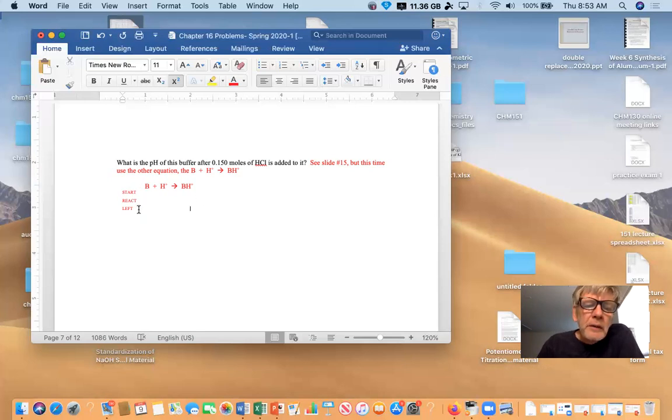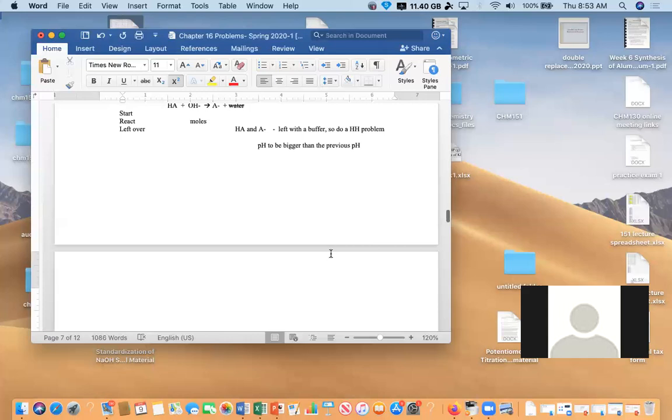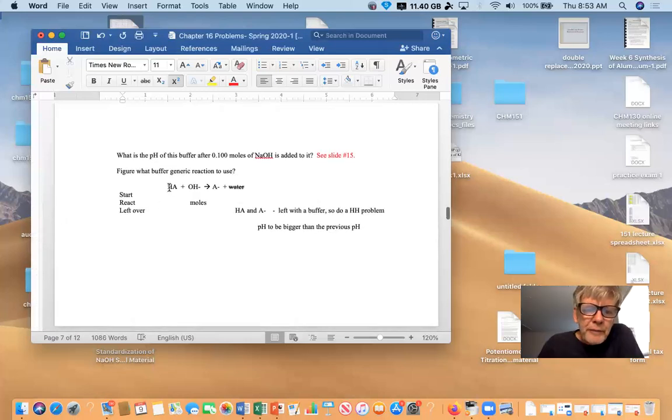Okay. So what you're left with, like in this question, is some acid and conjugate base. And so you're still left with a buffer. Oh, okay. But sometimes if the moles of this is equal to the moles of this, you're not going to be left with any of this.